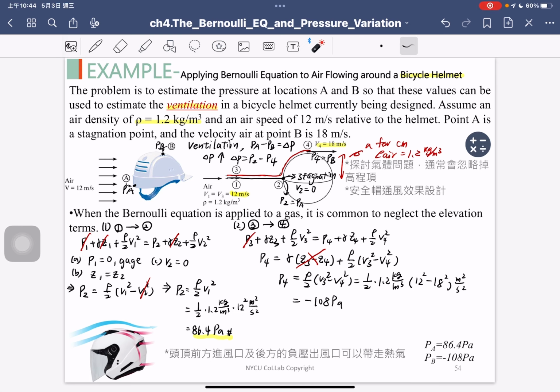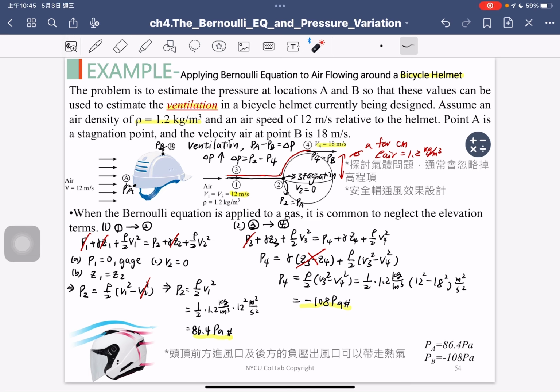So this is our second pressure's answer. So we can compute the pressure difference delta P based on P2 and P4, and you will see how large the difference is. Sometimes when we design a helmet, we have a different velocity on the top and a different velocity in the free airstream, and you compute how large the pressure difference is.